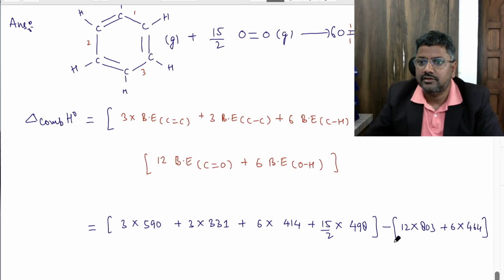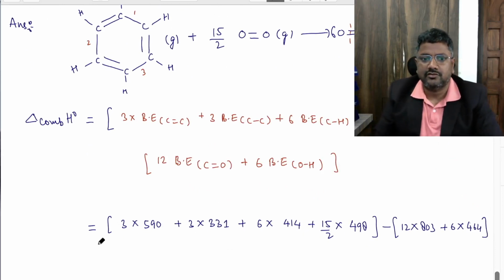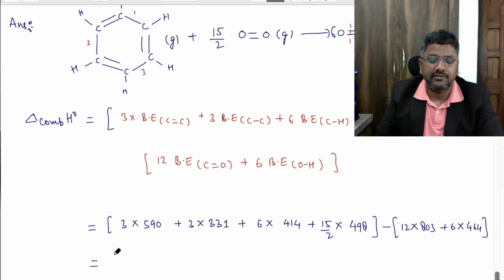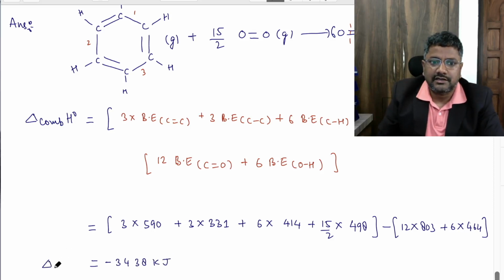So if you solve this total, you will get minus 3438 kilojoule. So this is the delta H combustion.